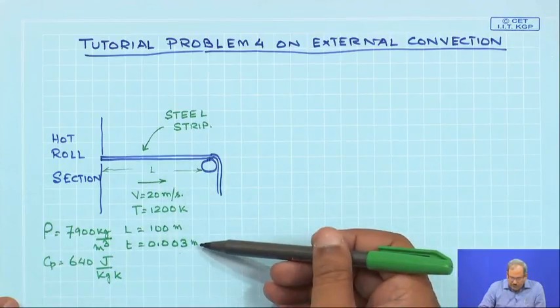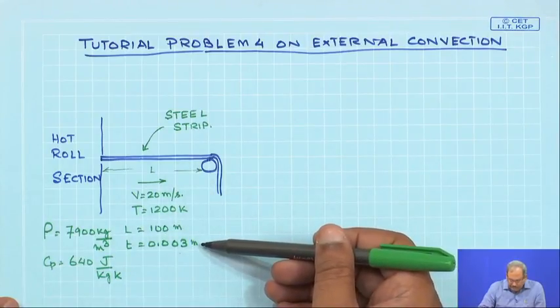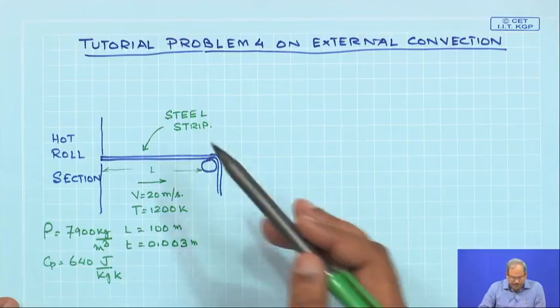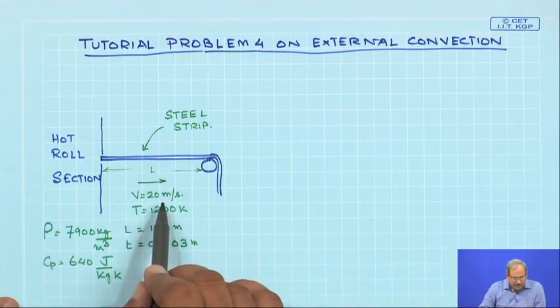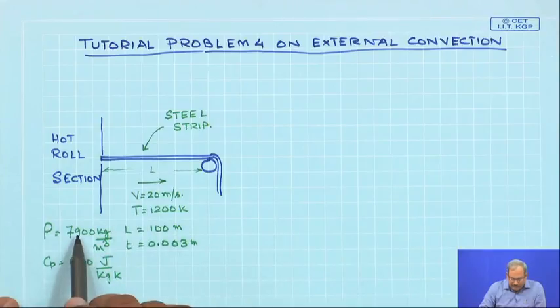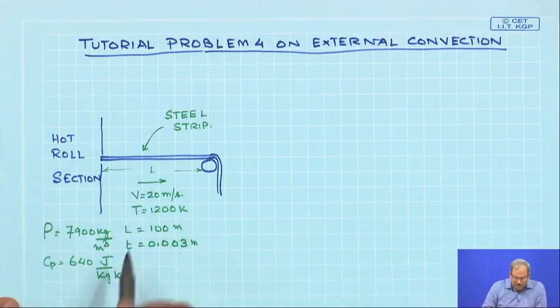So, it is only a 3 millimeter thick steel strip that moves with a velocity equal to 20 meter per second, and the property of the steel is given as rho and Cp, the values of which are given.